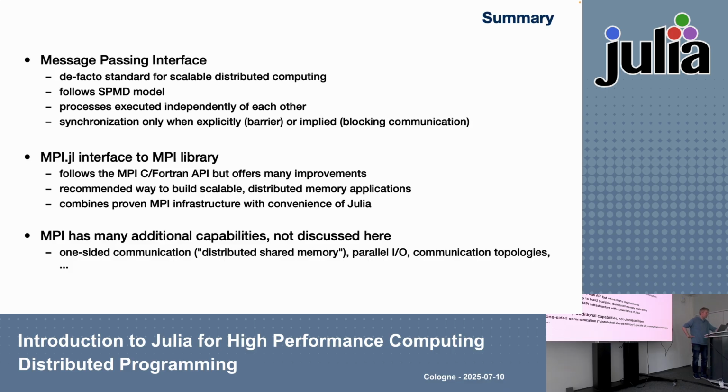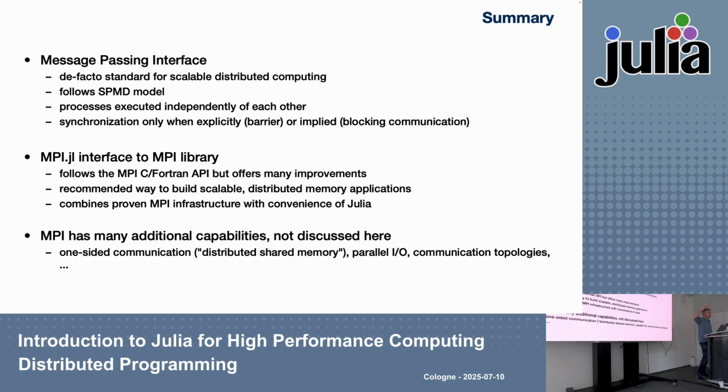Now, as a summary, we've seen the message passing interface, and as explained, it comes from the HPC community, where you have the need for very efficient communication between the nodes in your cluster, because if you have very latency sensitive computations and communications, you want the communication to be as fast as possible.